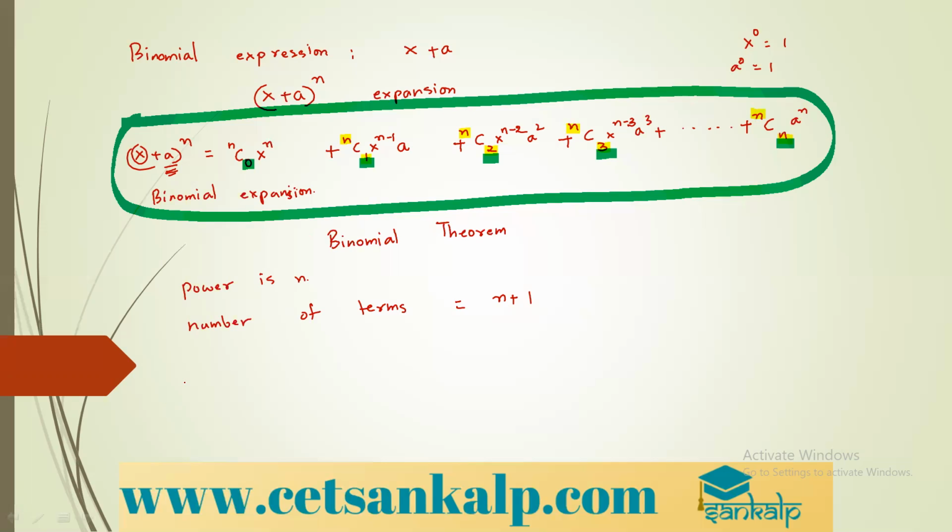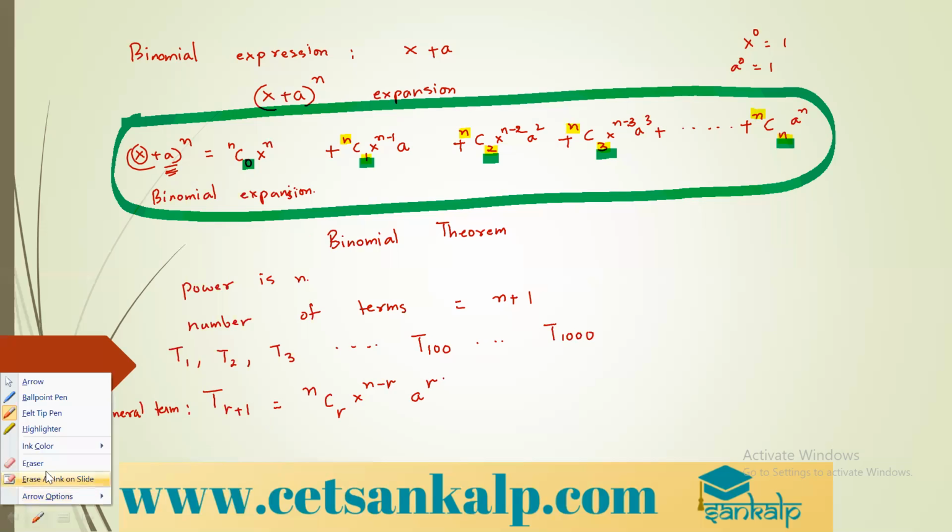Similarly, if you want any term, like if you want to find first term, second term, third term, in the middle somewhere you want to find 100th term, or if you want to find 1000th term, or in general, if you want to find any term, t r plus 1, this is called general term. Any term t r plus 1, if you want to find, there is a formula, ncr x power n minus r a power r.